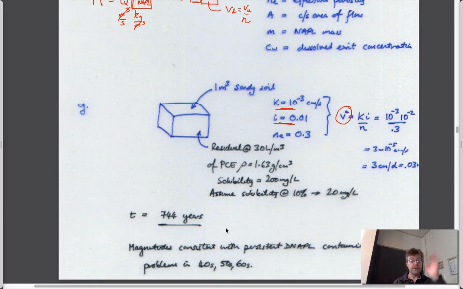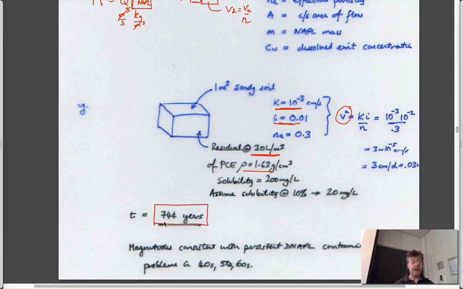And if you go through a simple calculation with a reasonable gradient of 1 in 100, a reasonable hydraulic conductivity for sand, a reasonable loading, the given density of perchloroethylene, and the maximum residual concentration in place, 30 liters in a cubic meter, then it takes hundreds of years to remove it.